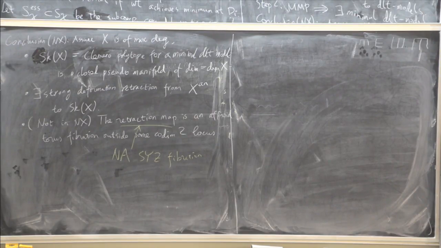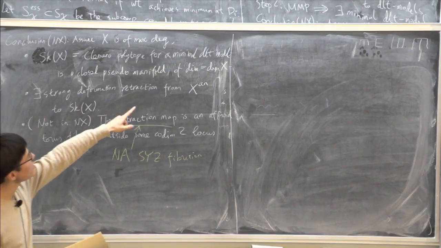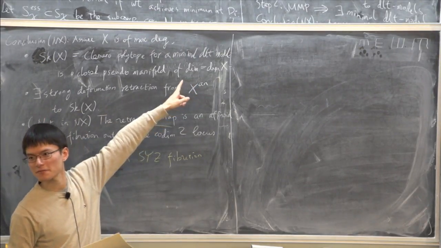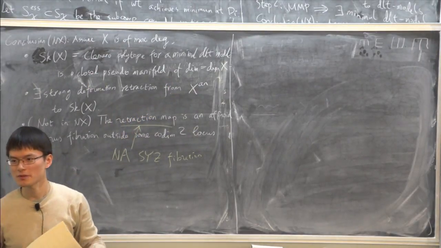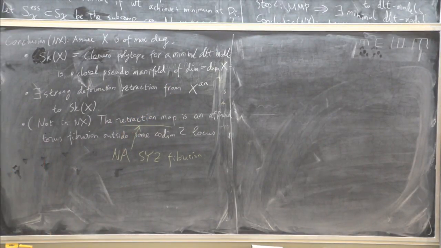Is that geometric characterization necessary and sufficient? Yes, if we look at the essential skeleton, it has maximal dimension if and only if the family we start with has maximal degeneration. That one can show.